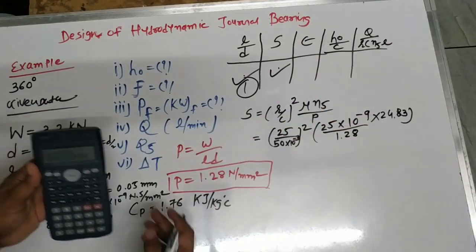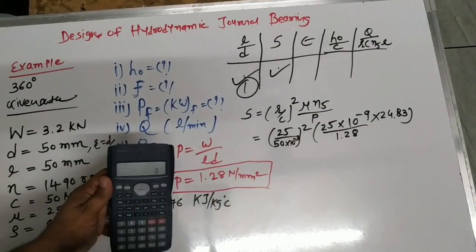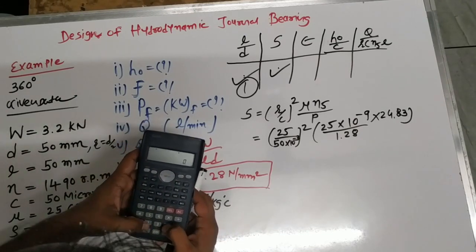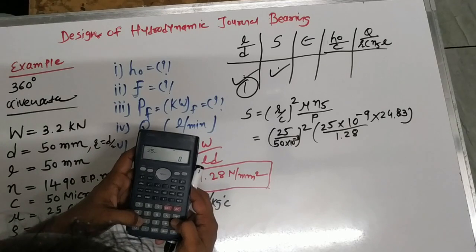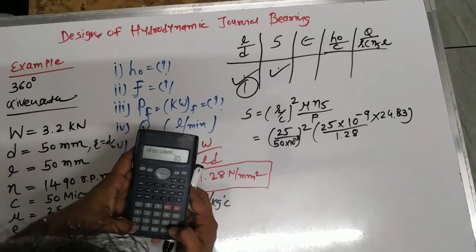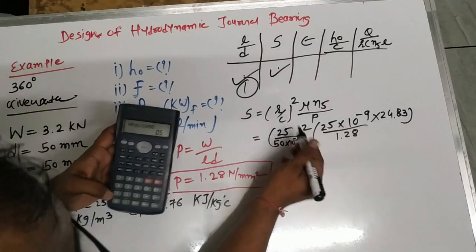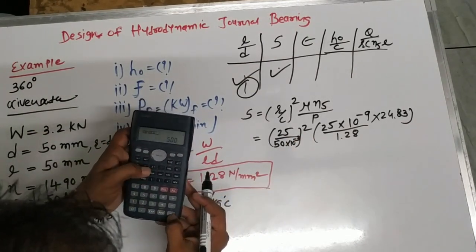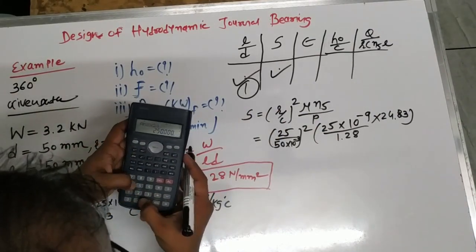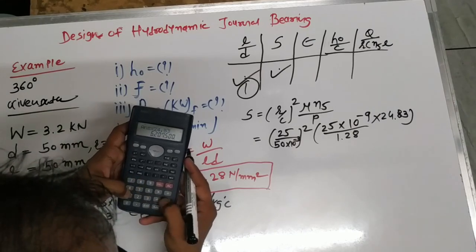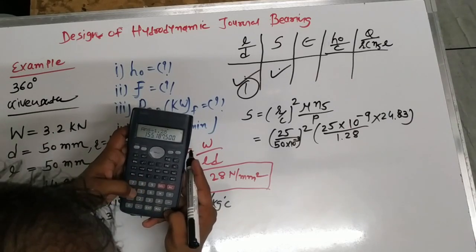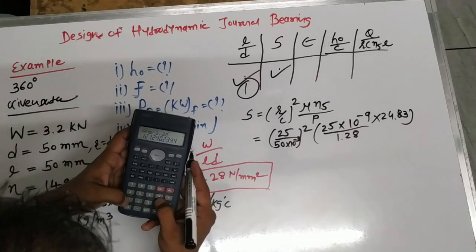So we have all the data, and we just have to simplify this mathematical equation. Let us see the final answer. Let me solve this. So 25 divided by 0.05, that is 25 divided by 50 into 1000, because the 1000 we can take above, and that squared, right? This is the simplification, into 24.83 into 25 divided by 1.28 into 10 raised to minus 9.